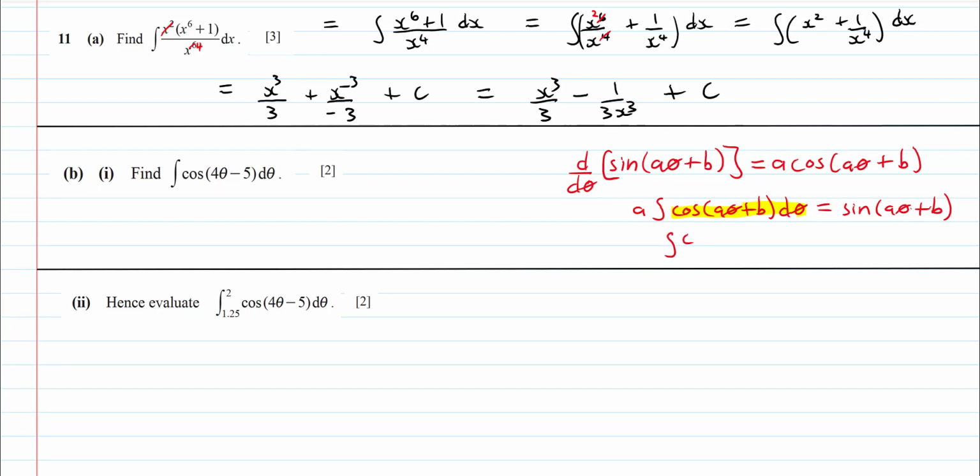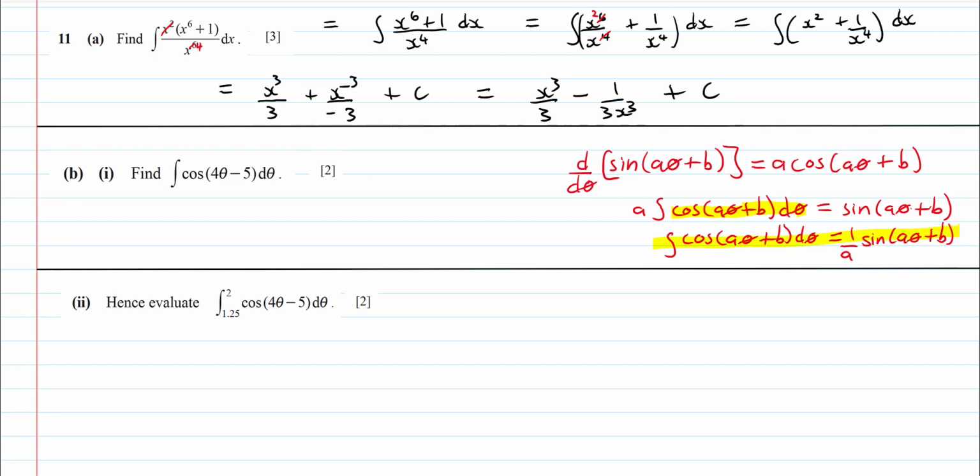So therefore, integrating cos of a times theta plus b with respect to theta is equal to 1 over a sine of a times theta plus b. So we can use this formula here then to help us solve our problem.